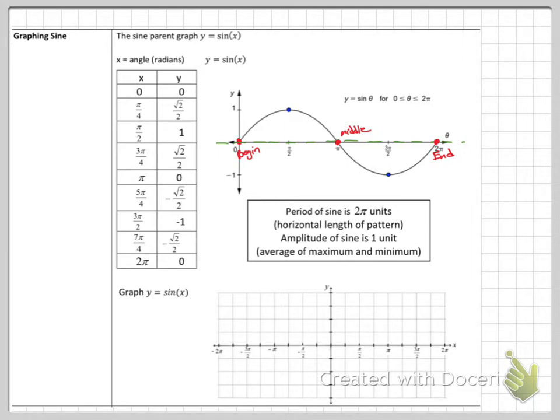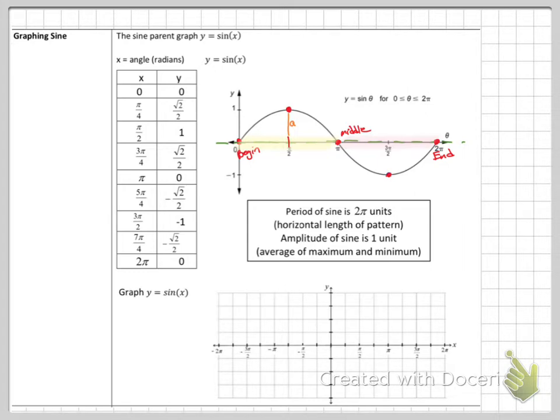Then if I look at piece by piece, between the middle and the beginning, in the middle of that section, it does the amplitude. This distance from here to here is A. Then between the other half, between middle and end, right in the middle of that, it does opposite the amplitude.